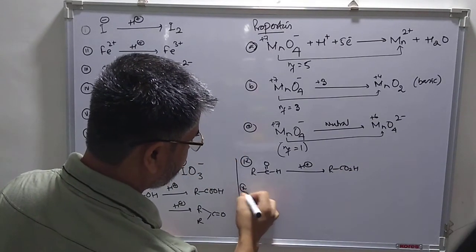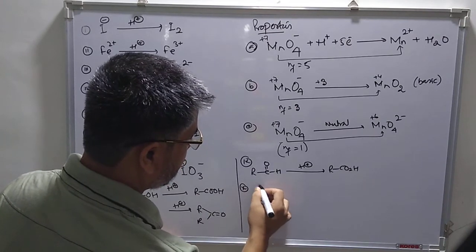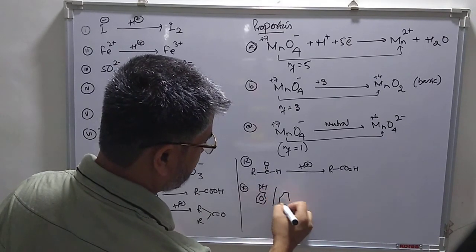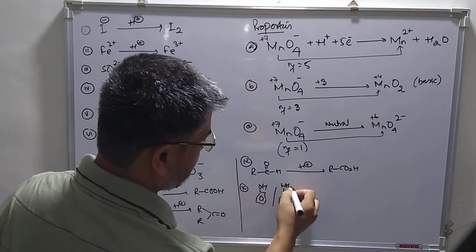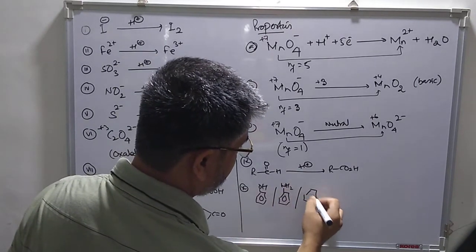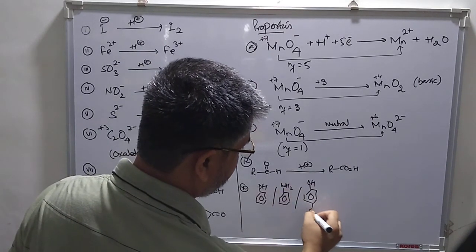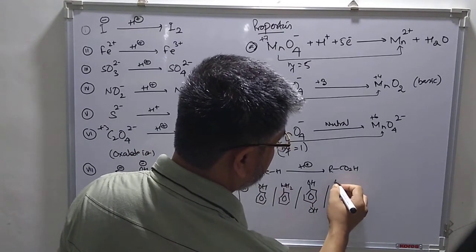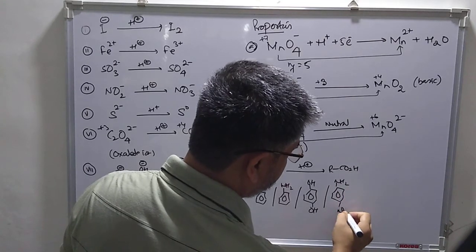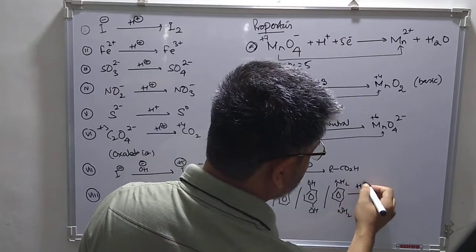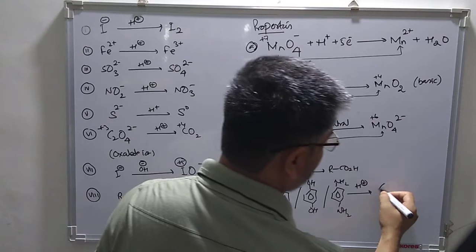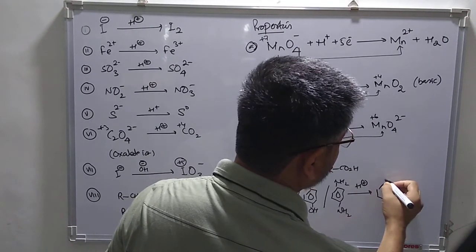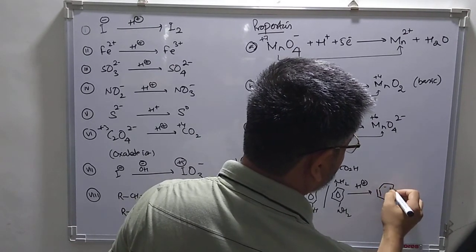In the same way, we can have phenol, aniline, para-dihydroxybenzene, para-diaminobenzene. All these species are oxidized by KMnO4 to give quinone.